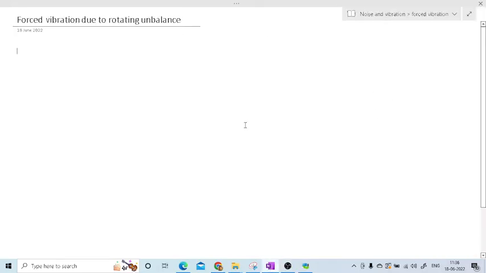Hi friends, so in this session we are going to see the forced vibration due to rotating unbalance. Consider one system of mass m.